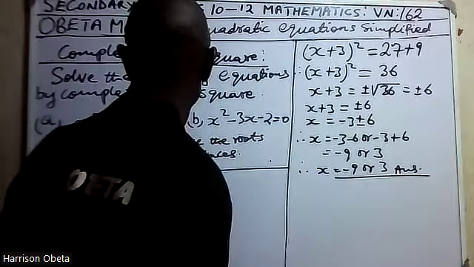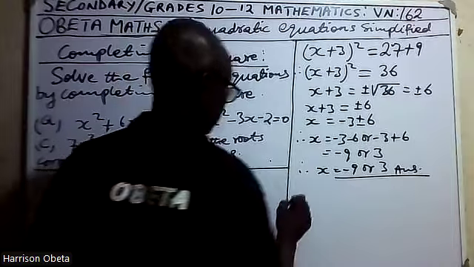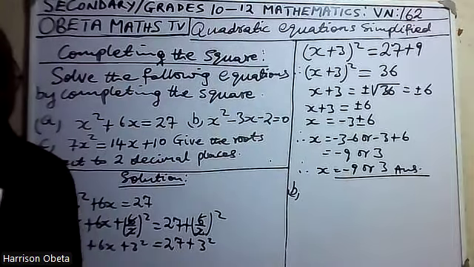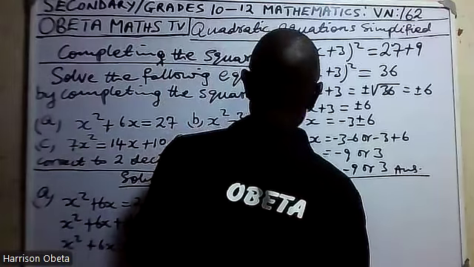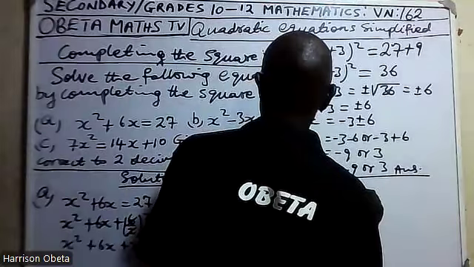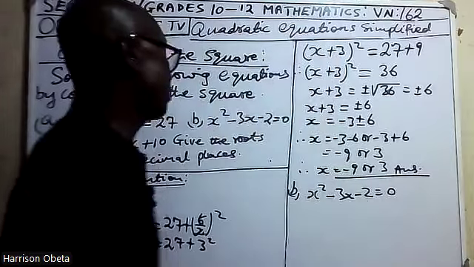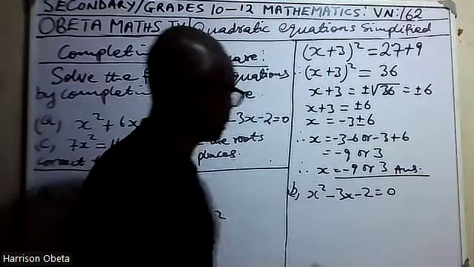So we go ahead with the B part of the question. In B we have x squared minus 3x minus 2 equal to 0. For us to continue, we have to take this from here to the other side.